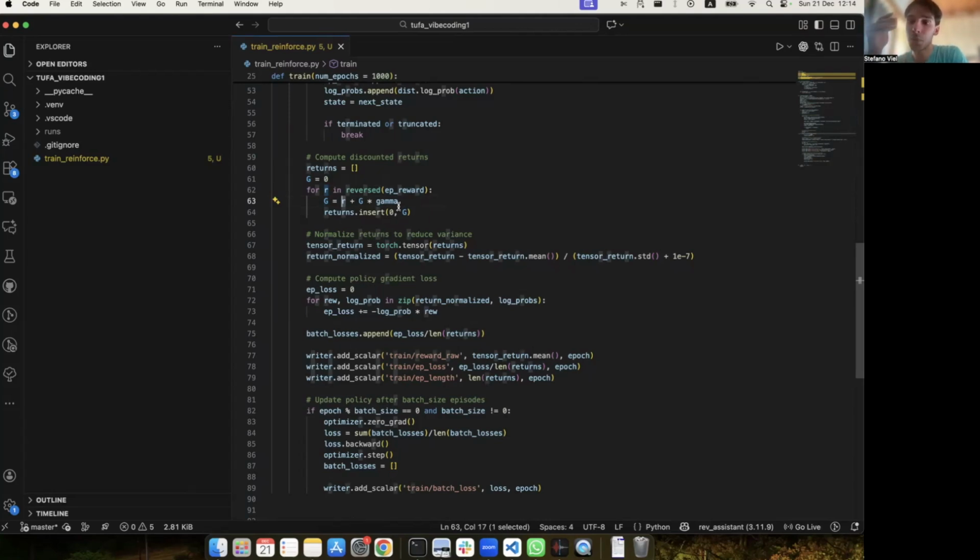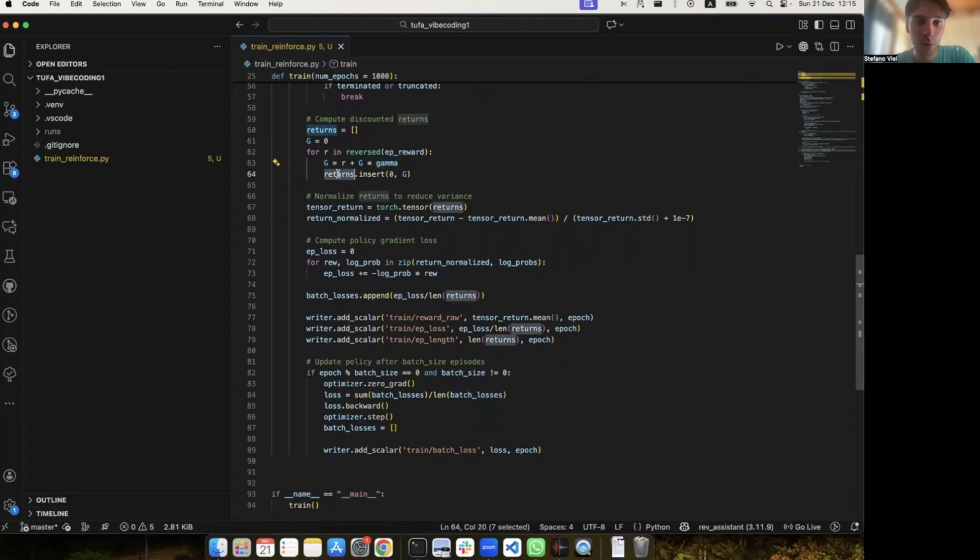So the only reward for that action is the reward that we get on that step. Now, the element before will have G, which will be the reward at the very last step discounted by gamma, plus the current reward at the second last step, and so on backwards, so that each action in our trajectory will only get the discounted reward for all the following actions.